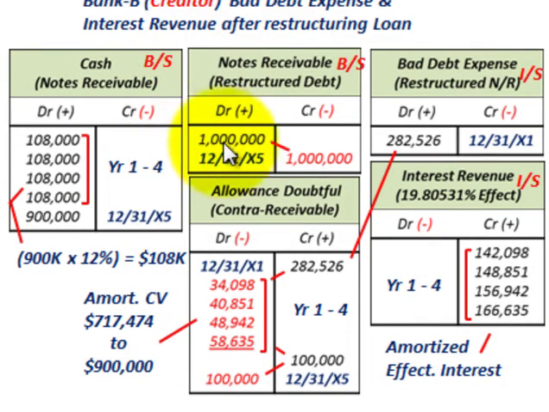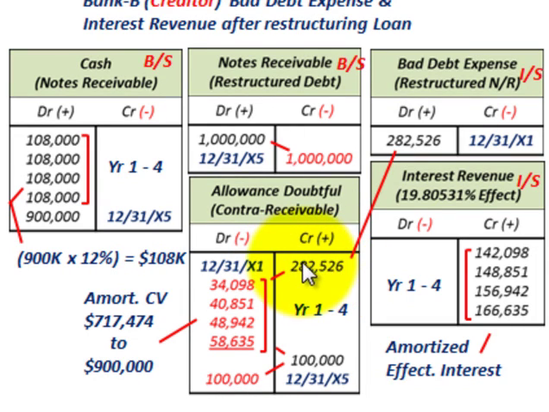So we had our accounts receivable at $1 million. We would have debited that for $1 million at the beginning, whenever that note was issued. So that was sitting here. Now what we have to do is look at the restructuring date, 12/31/X1. For that restructured amount, that was $282,526.